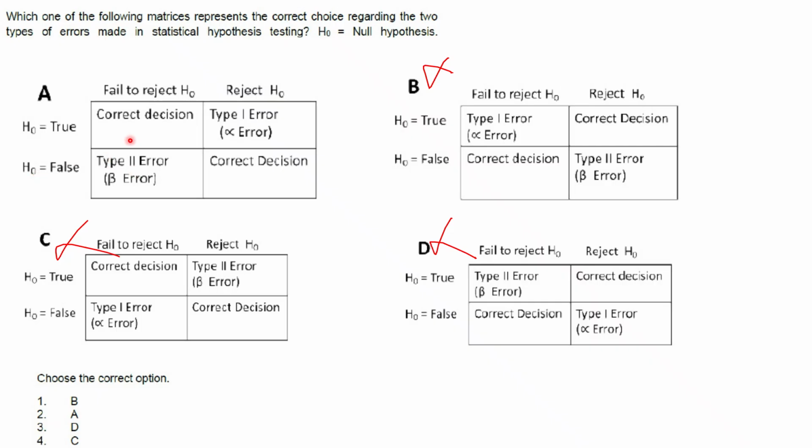So in type 2 error, you fail to reject the null hypothesis, or else you accept the null hypothesis when in reality it is not correct. It is false. So it will give rise to type 2 error, also called beta error. So A is the right answer. So option 2.